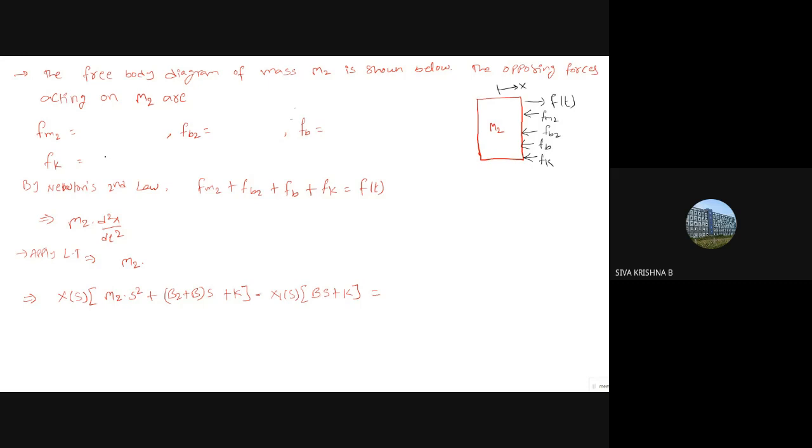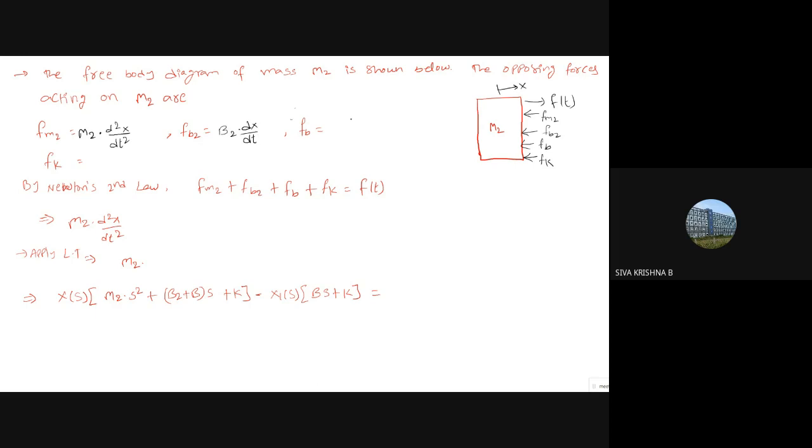So Fm2 means m2 into d square x by dt square. Here the displacement is x, that's why we are taking x. In the previous one it was x1. Similarly it is b2 into dx by dt.